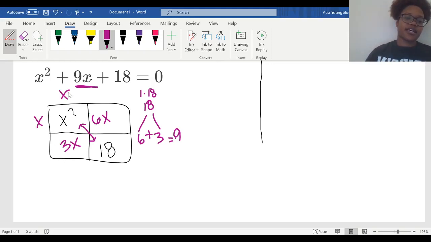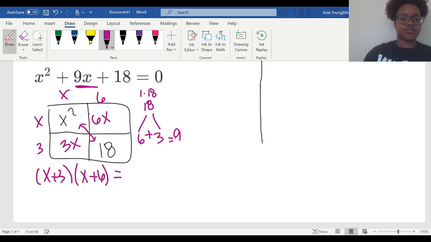So x times x is x squared. x times 6 is 6x. x times 3 is 3x. 3 times 6 is 18. So we factored our expression to x plus 3 times x plus 6 equals 0.